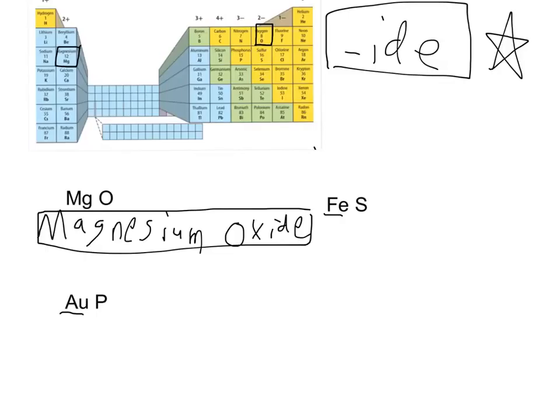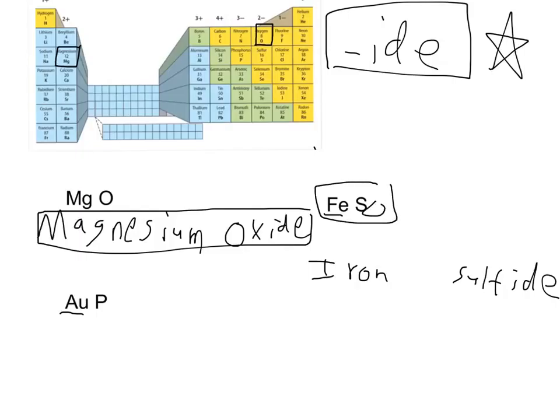In this one, we're going to do iron, which is the same, and sulfide, because that's sulfur. I left a little room here because this is what we're going to do next. If it's a transition metal, you have to go back to here.